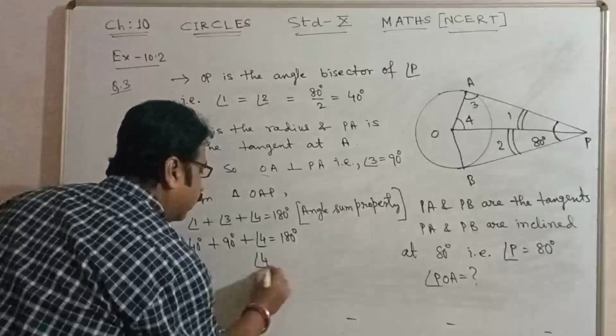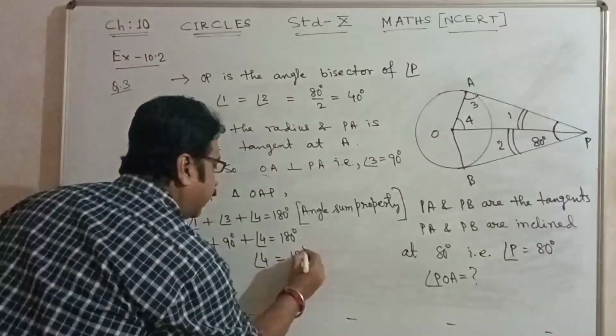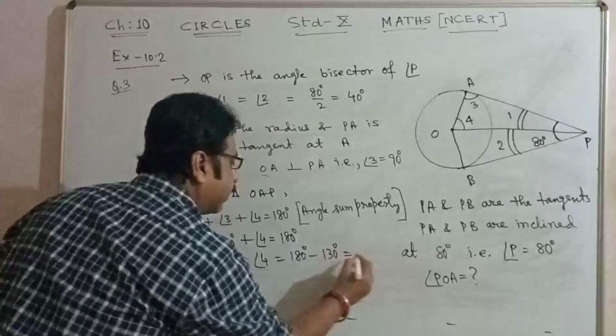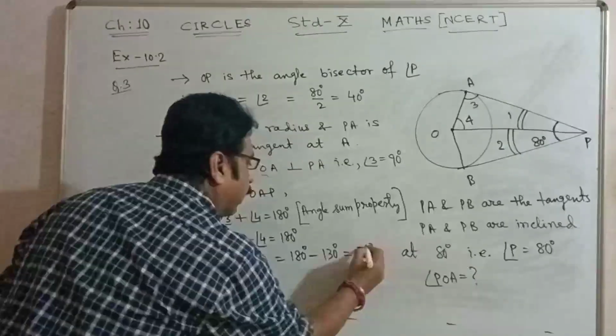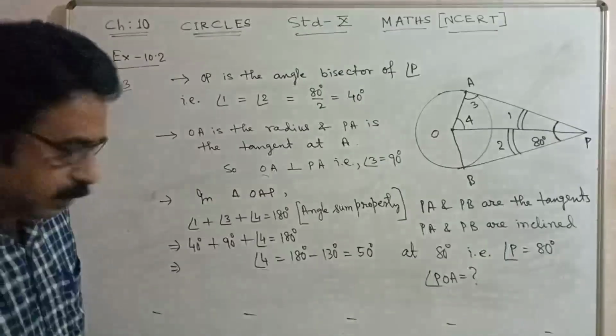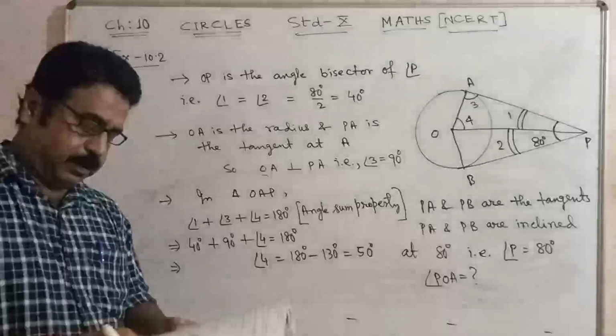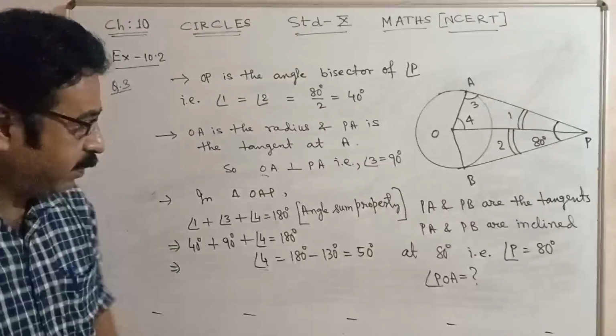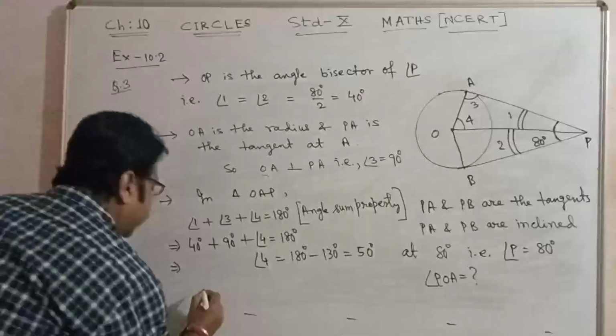Angle 4 is 180 degree minus 130 degree. 80 minus 30 is 50. 50 degree. Then which option is correct? Option A is given 50 degree. Therefore, option A is correct.